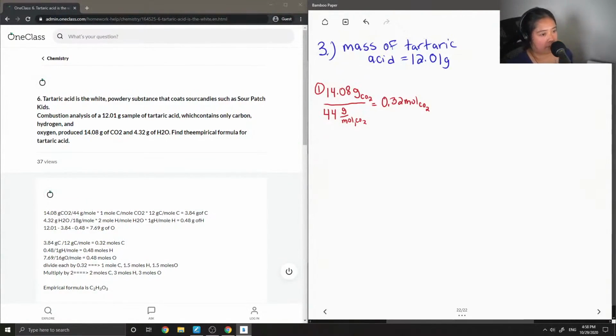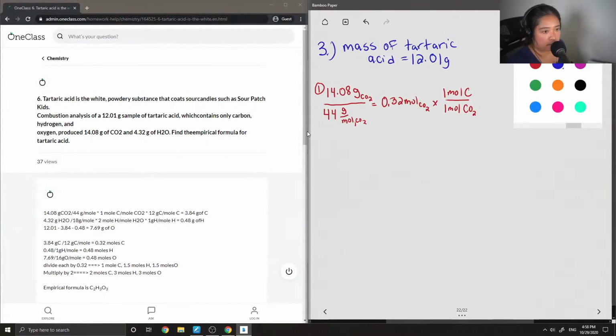But now I'm interested in finding out how many moles of carbon is in that many moles of the CO2. If you look at the formula for CO2, you'll see that only 1 mole of carbon is in 1 mole of CO2. So these units will cancel out.